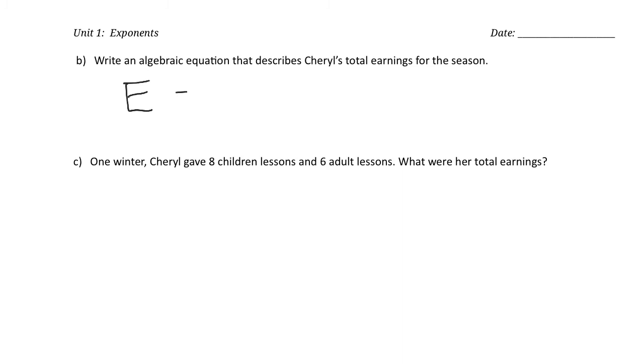And then I'm going to put an equal sign, and let's put together what we know about Cheryl. So Cheryl gets $20 for every child's lesson, plus $30 for every adult lesson, plus, remember, don't forget, she gets $125 just for showing up to work for the entire season.